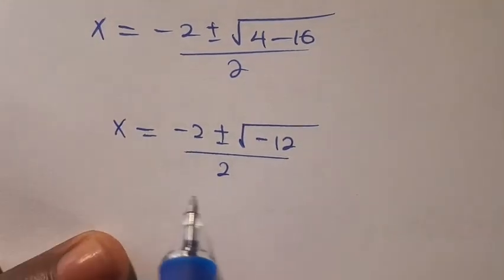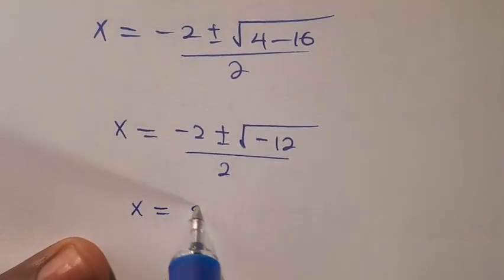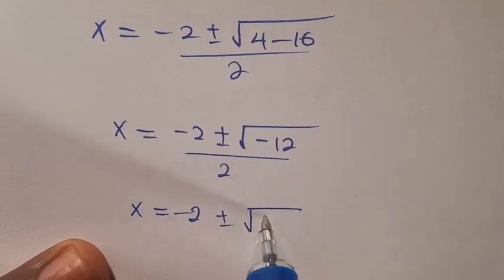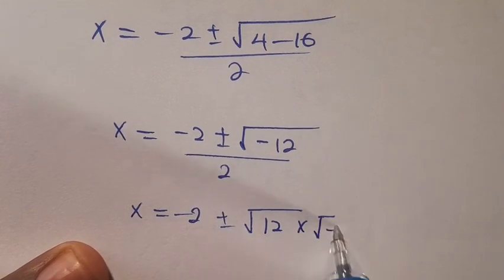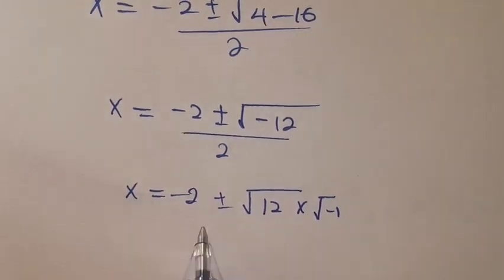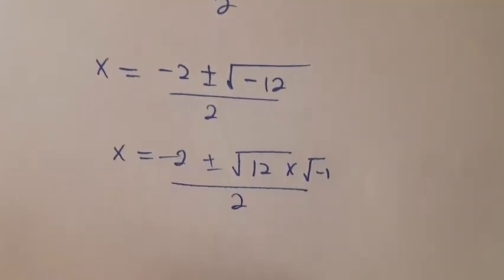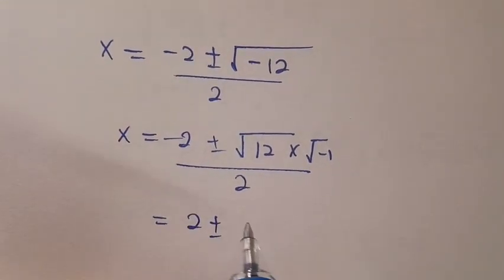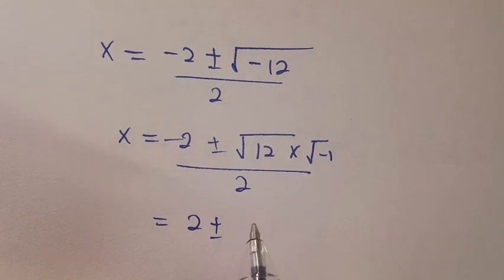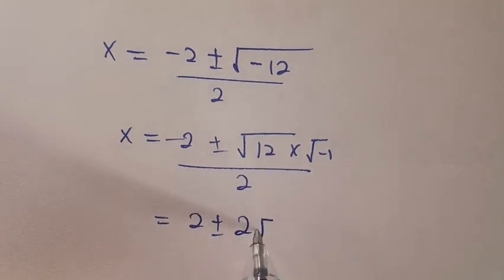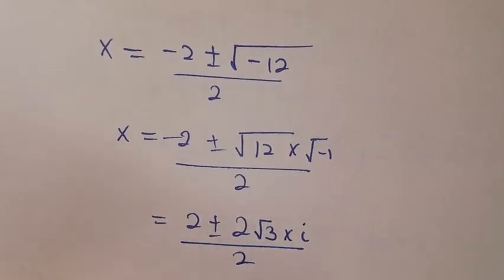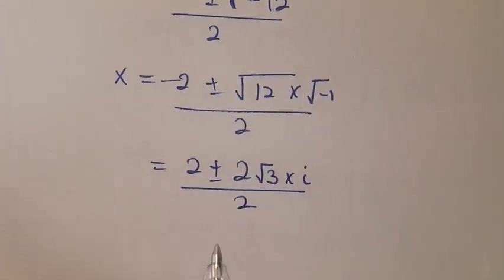So we have x equals minus 2 positive or negative square root of 12 multiplied by square root of minus 1, divided by 2. The square root of 12 is 2 root 3. Then the square root of minus 1 will be i from complex numbers.